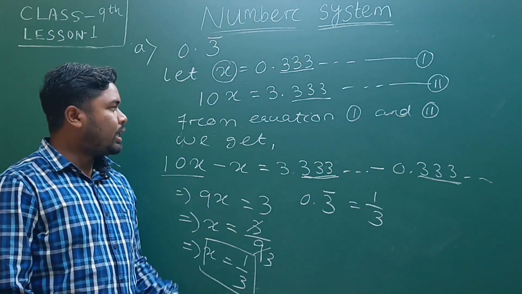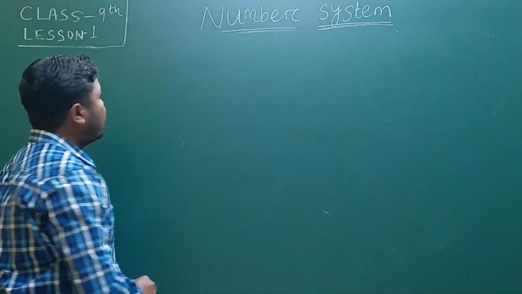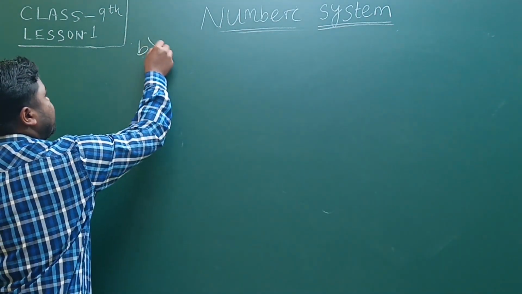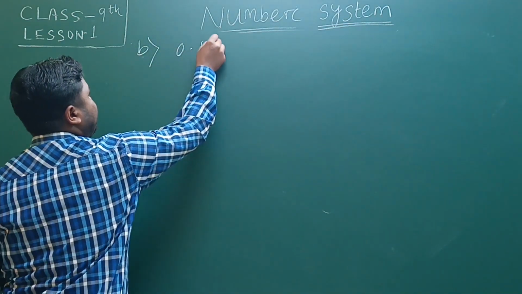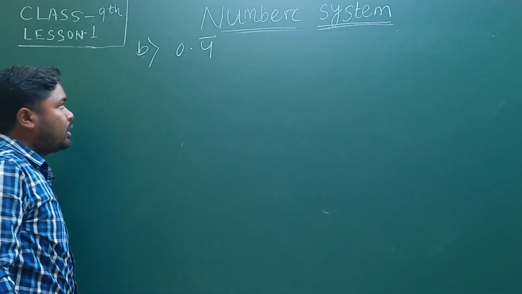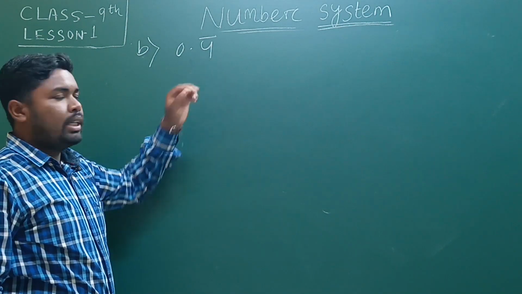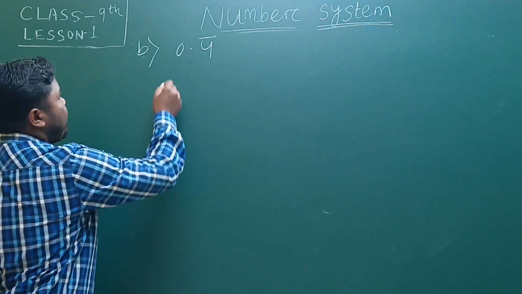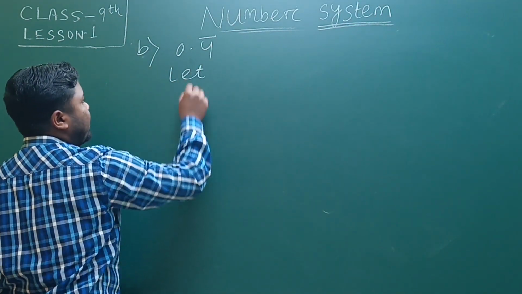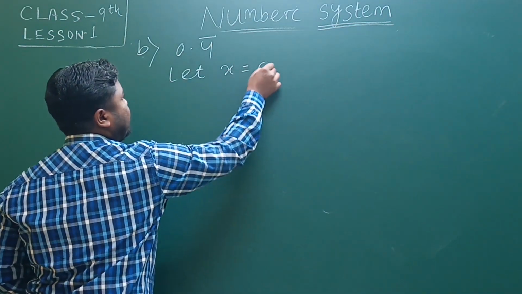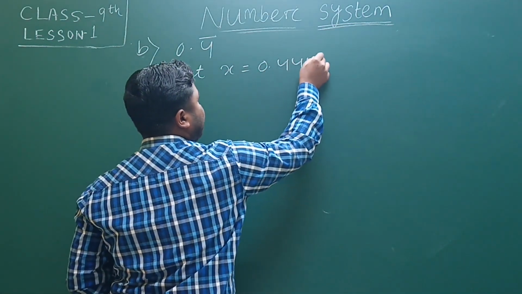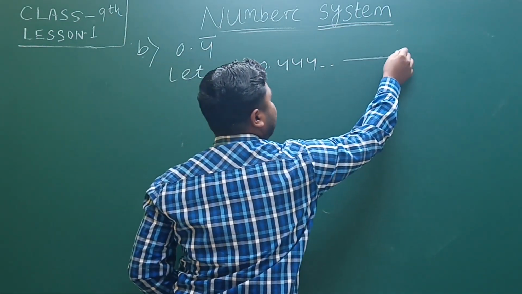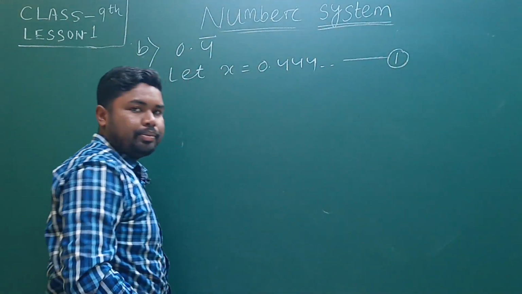So now take another example. Another example is 0.4 repeating. That means 4 is the repeating decimal. Same process, let x equal 0.444, this is equation 1.